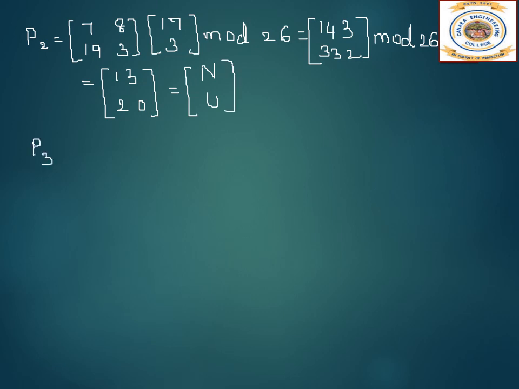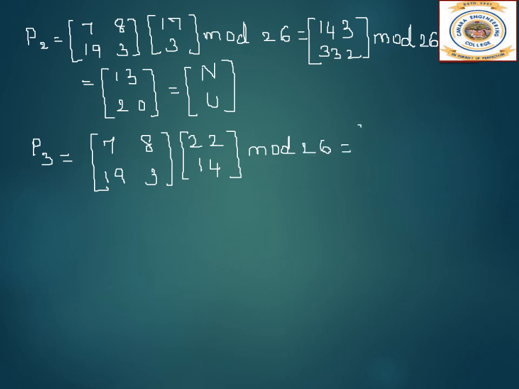Now P3. Now we have to do it for W and O. So 7, 8, 19, 3. So W and O will be 22 and 14, mod 26. Let us multiply this.